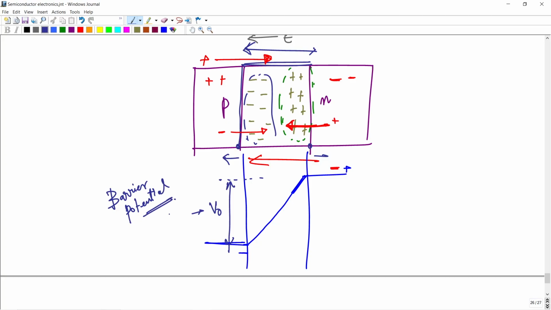This potential prevents the movement of electrons from the n side to the p side.